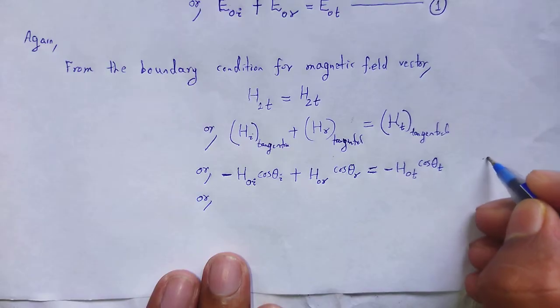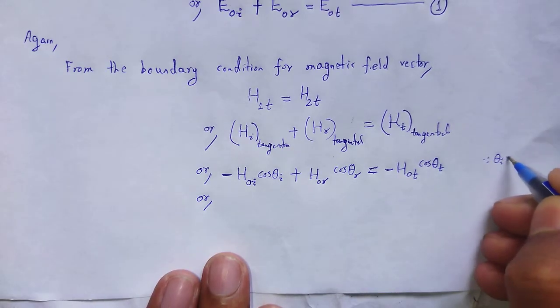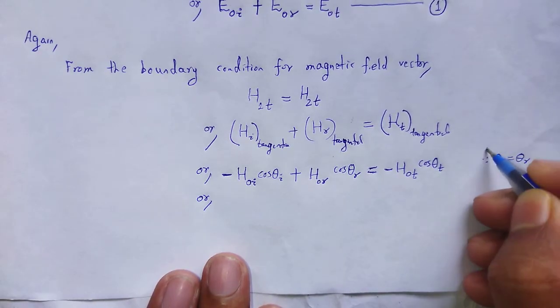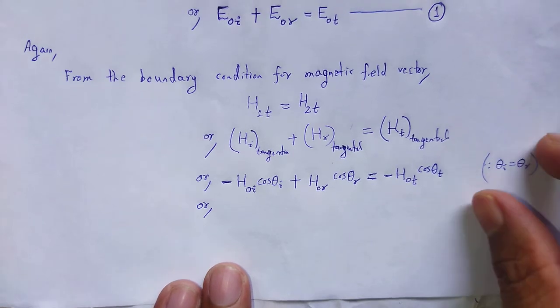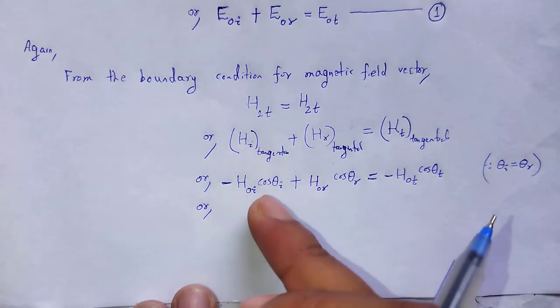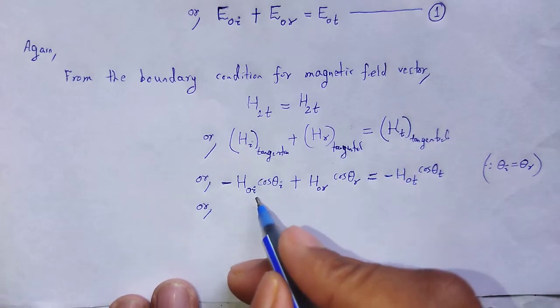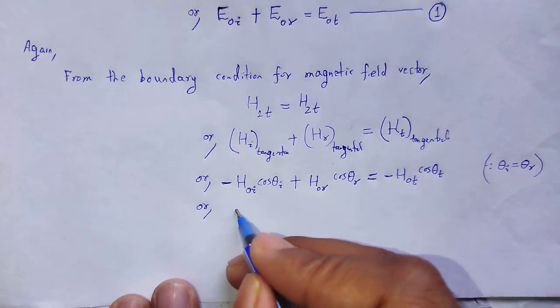As we said, theta I is equal to theta r; the angle of incidence is the same as the angle of reflection. In these two terms, we take cos theta I common.